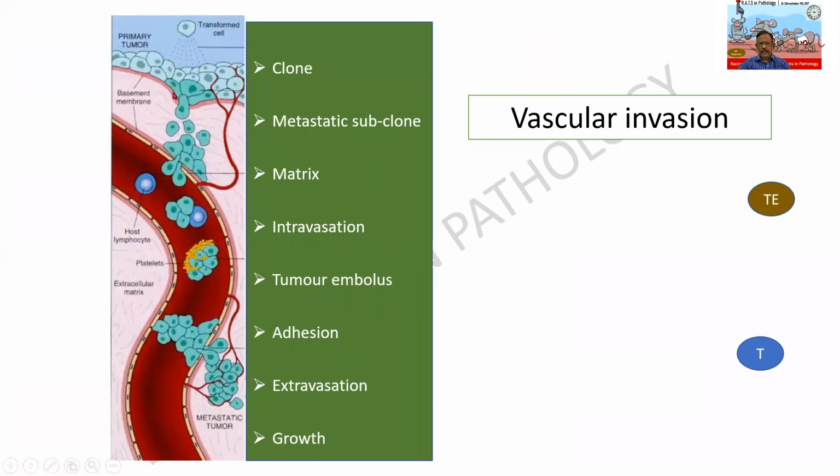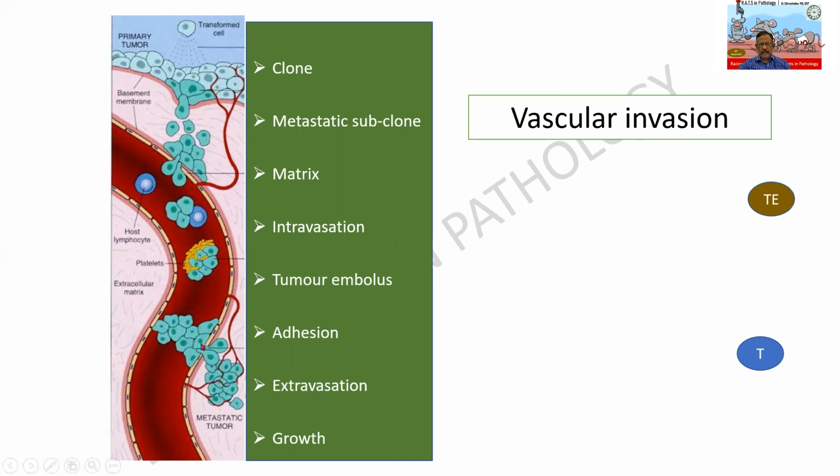See this. So this is a clone of cells or a group of cells which are having a peculiar property. So there is invasion. And it forms a metastasis. A small subclone of it can penetrate it. This is a matrix or the connective tissue which is crossed, the basement membrane is crossed, and the endothelium. And finally, it goes into the vascular lumen, which is called as intravasation.